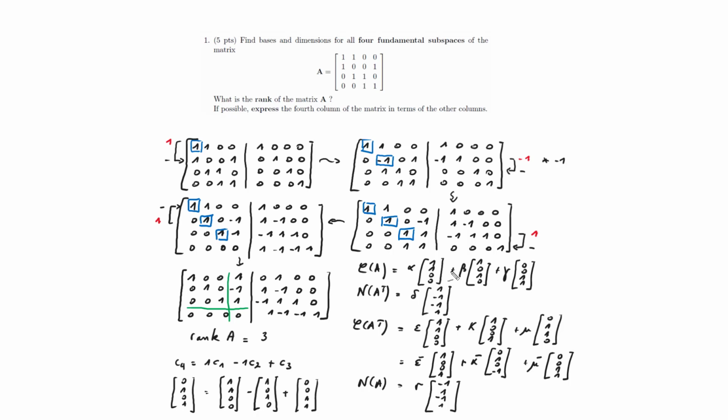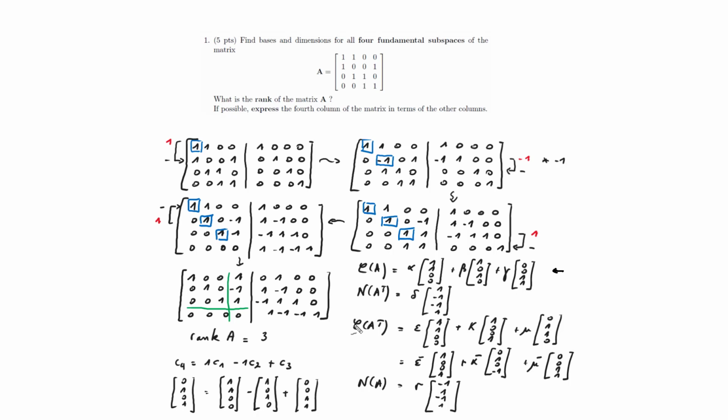Remember that you cannot take the columns of the row reduced echelon form, because when you do row operations, of course the column space is modified. Okay, so this gives us the column space.